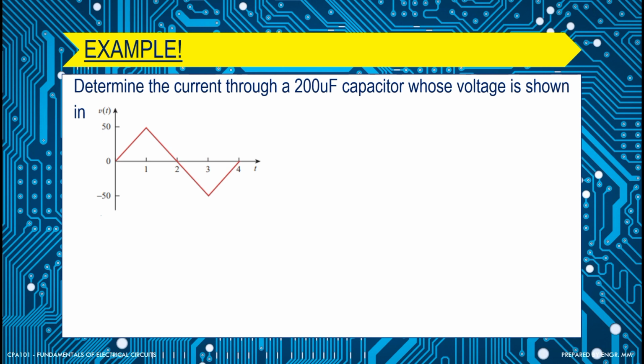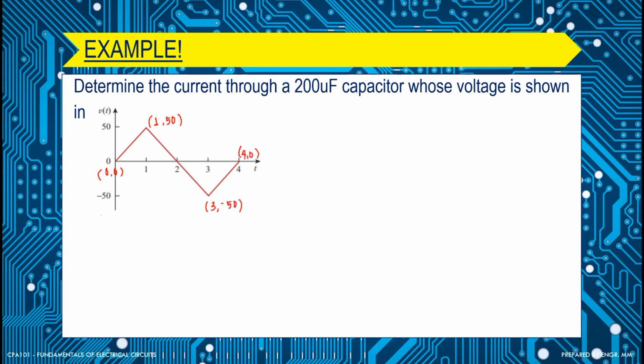So we can write the mathematical representation of this graph first by plotting the points. Okay, so let's say this is 0, 0. This is 1, 50. This is 3, negative 50, and this one is 4, 0.